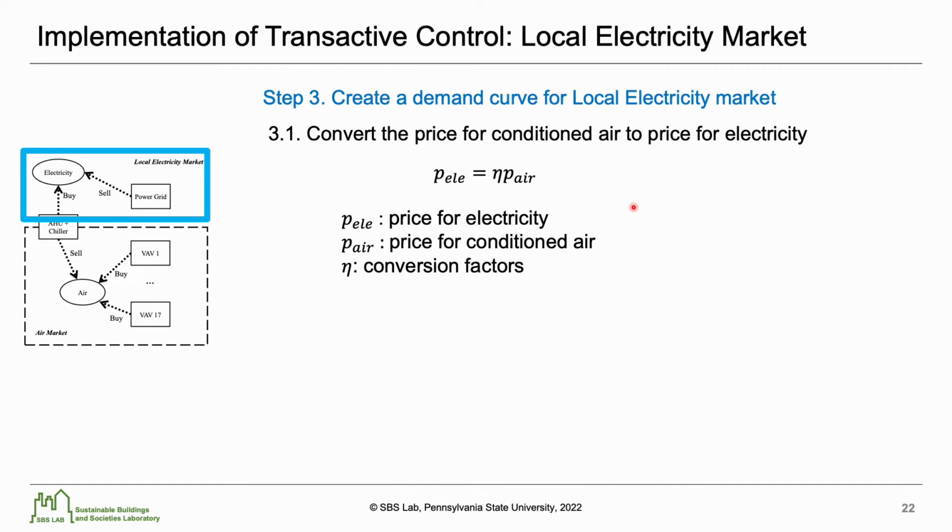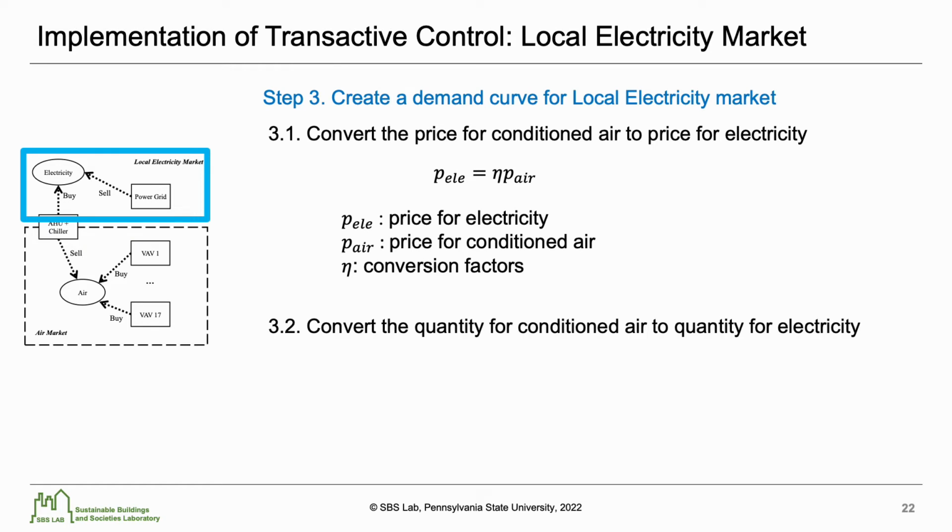The AHU plus chiller agent converts the price information of the aggregated demand curve from the air market to the price demand curve in the local electricity market using this formula. P is the price of the conditioned air, and P elect is the price for electricity. So here we have our conversion factors.